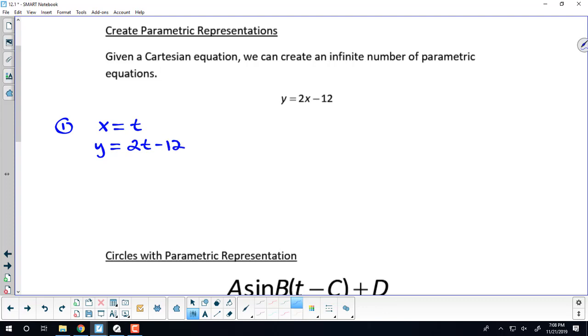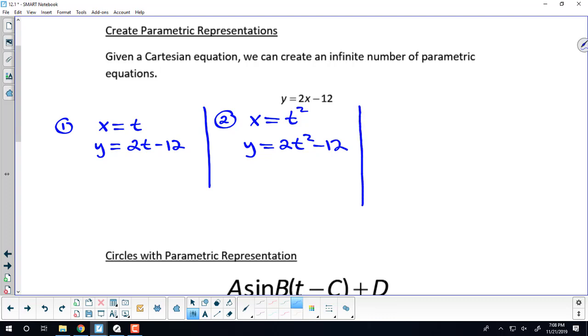And from that setup, we could do whatever we want. If x were t squared, we could say that y is 2t squared minus 12. Another representation, and so forth.